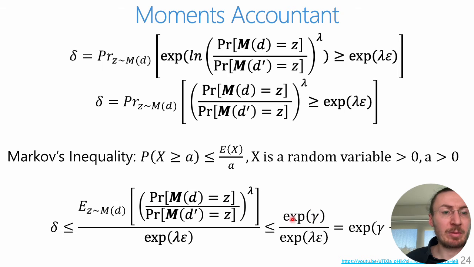So this is how we can simplify from this expression to these ratios of exponents, and then finally we can just simplify that as being lambda minus gamma minus lambda times epsilon.